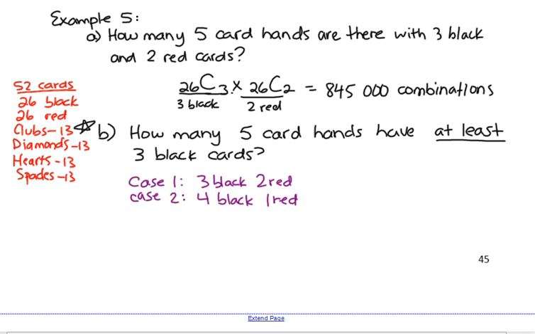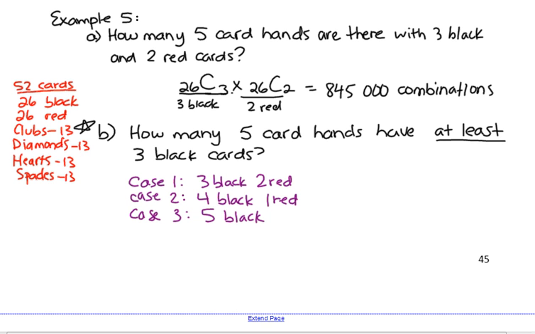And case 3 is 5 black. You could write 0 red, but you don't have to. You could just write 5 black. So if it's at least 3 black cards, you could either have 3 black cards, 4 black cards, or 5 black cards in a 5-card hand.